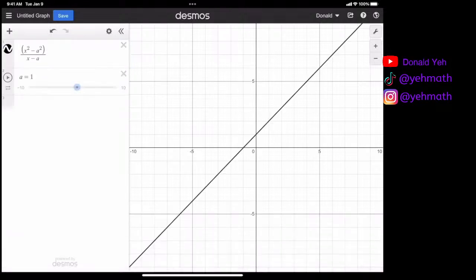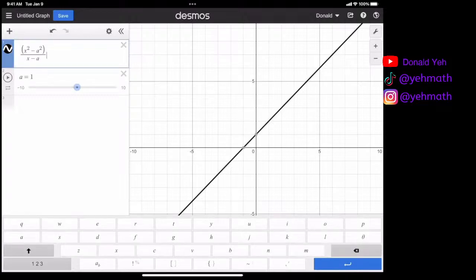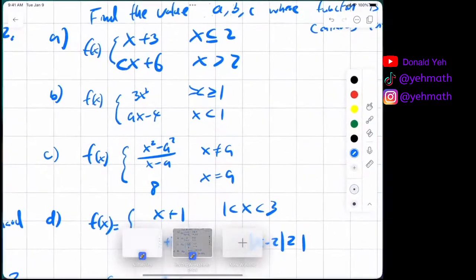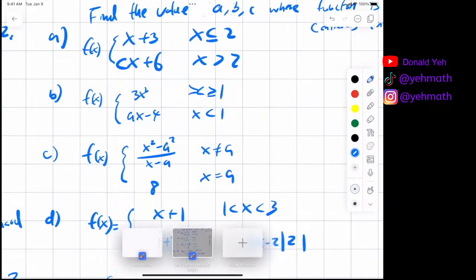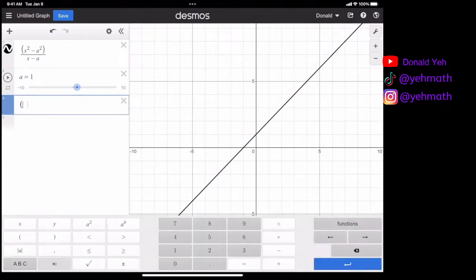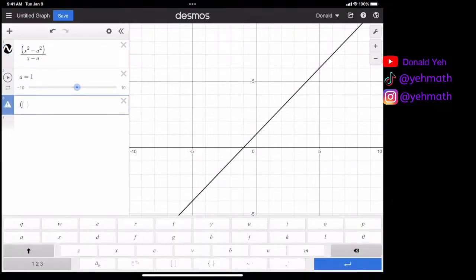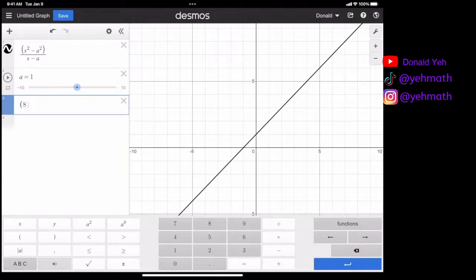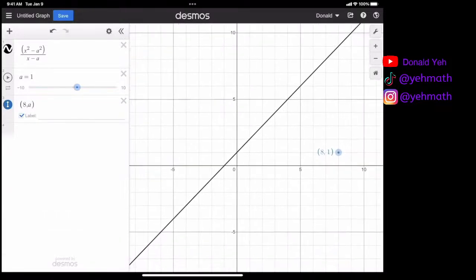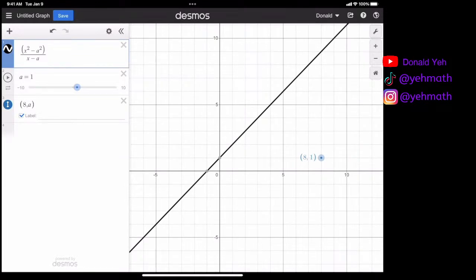Okay, so show a. There is a, so it'll be (a, a). So this is the point. So somehow there is an open circle here, right?